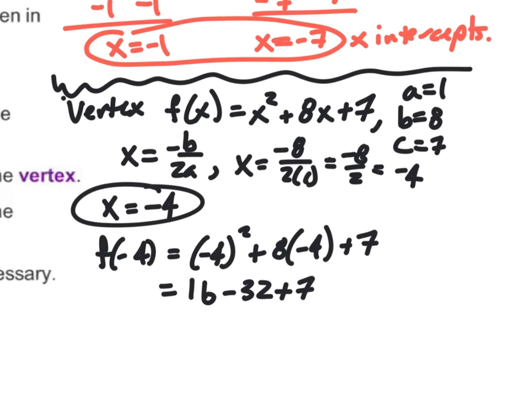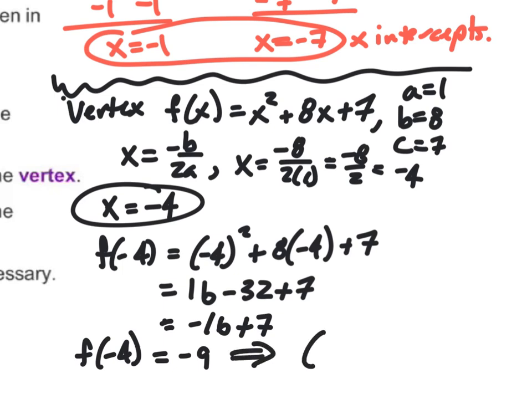Now 16 minus 32 is negative 16, plus 7. So negative 16 plus 7, what is that, negative 9? So I have the y value. So f of negative 4 equals negative 9. This translates to the point negative 4 comma negative 9. And this is my vertex.